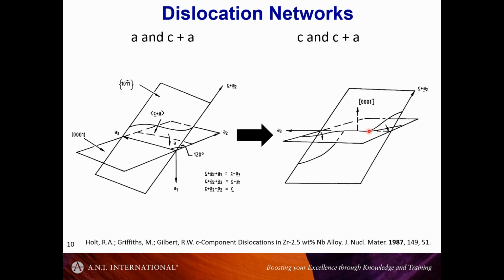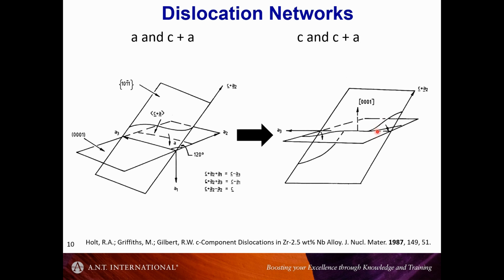That means the combined energy is lower than the self energy of the dislocations before they interacted, so in forming this junction, the overall strain energy in the lattice is lowered.